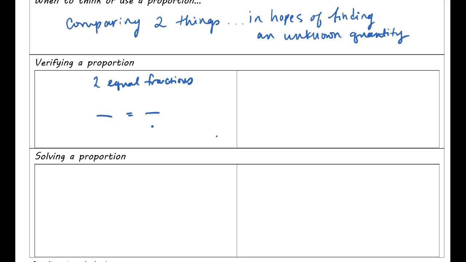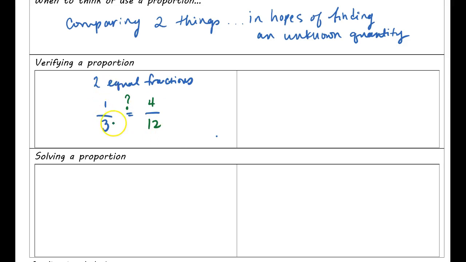So it would be something like if I said 1/3, and I had to compare 1/3 to some other fraction right here, well, sometimes it's still the same thing as 1/3, it's just written a little bit differently. So an example might be something like 4/12, okay? If I look at 1/3 and 4/12, if we're trying to figure out is this a proportion or not, you're trying to figure out are those two fractions equal?